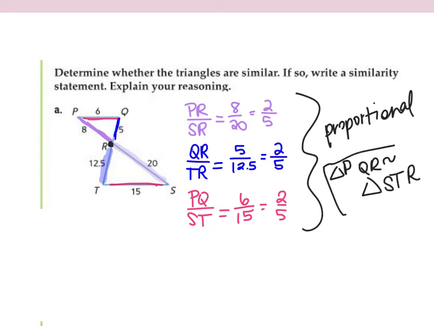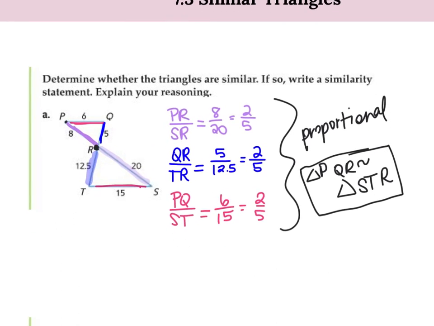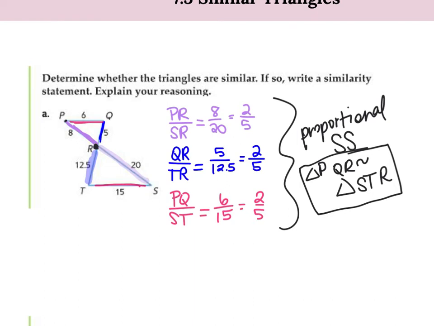Okay, so the way I wrote this statement, I went from one point to the next. So purple to blue, that pink to blue line, PQR, STR. Okay, so that is our side, side, side similarity.